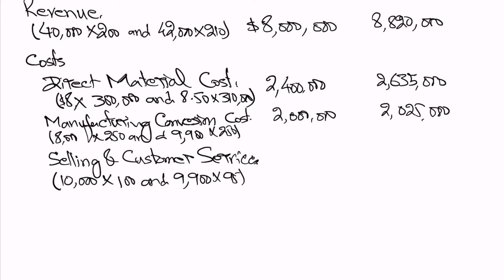So we get here 1 million in 2018 and 940,500 in 2019.